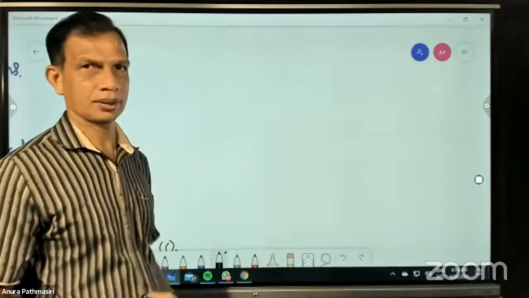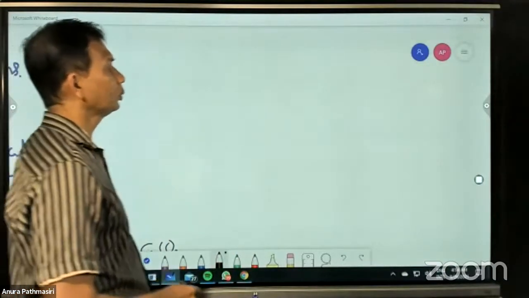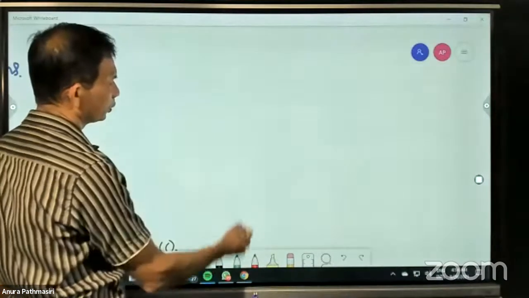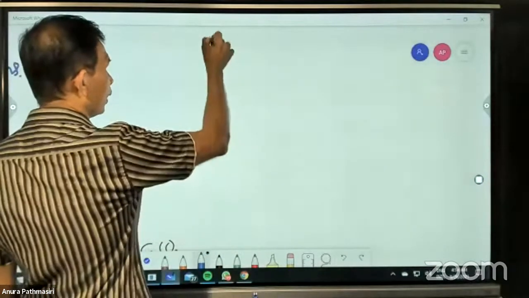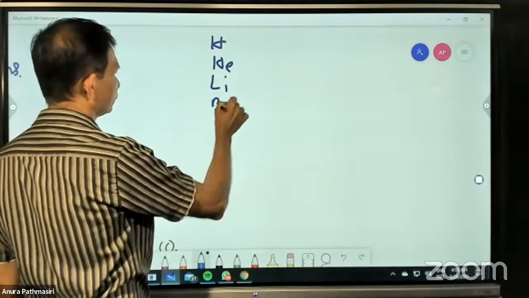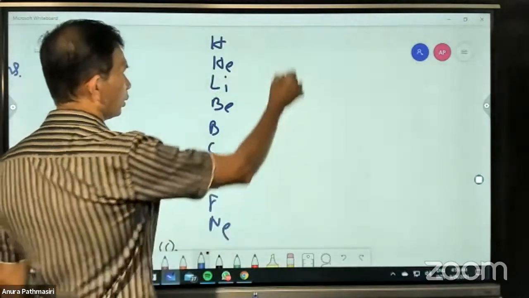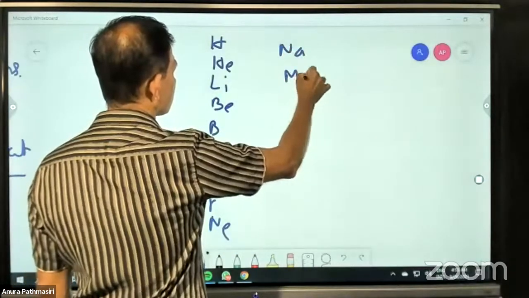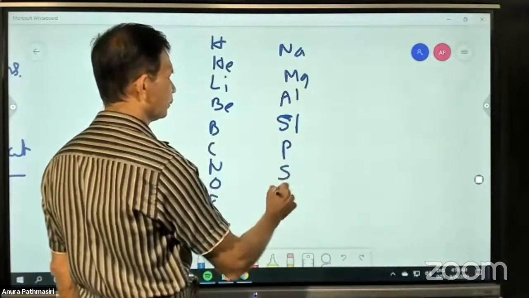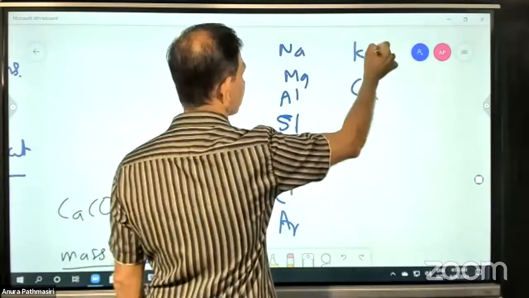Now, after doing these calculations, the scientists were able to find the relative atomic masses of all the atoms: hydrogen, helium, lithium, beryllium, boron, carbon, nitrogen, oxygen, fluorine, neon, sodium, magnesium, aluminium, silicon, phosphorus, sulfur, chlorine, argon, potassium, calcium.